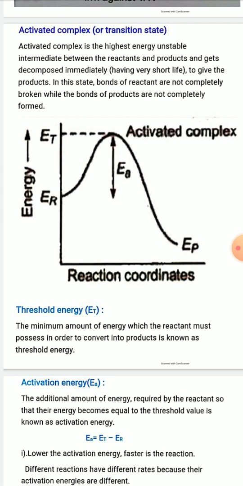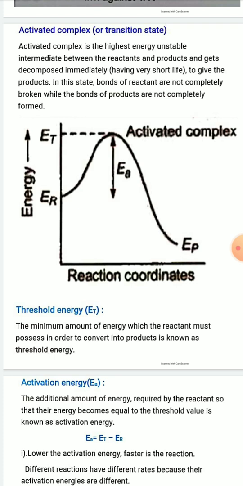The value of ER is greater than the value of EP, and the value of ET is greater than the value of ER. The activation energy Ea is the difference ET minus ER, as is clear from the graph. Threshold energy is the minimum amount of energy which the reactant must possess in order to convert into product.